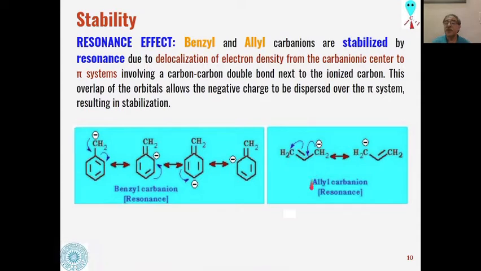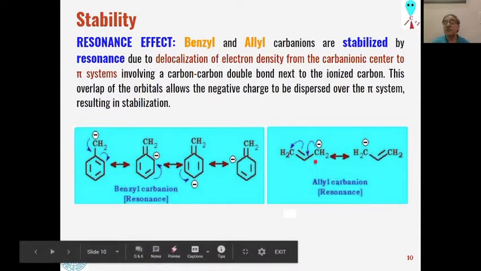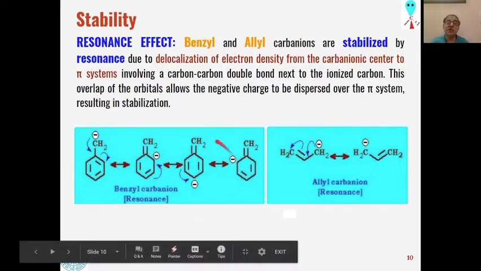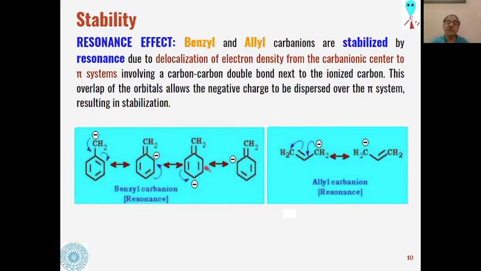Similarly, in the case of allyl carbanion there is also resonance because of the presence of this carbon-carbon double bond, where delocalization of the electron density can take place on the carbanionic center. Similarly, if we have two phenyl groups here, the number of resonating structures will be more, and the stability will be more.